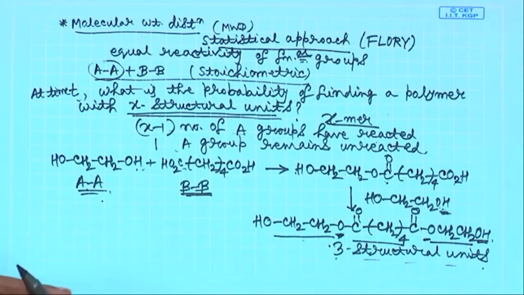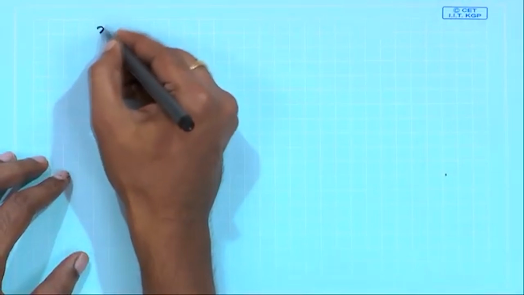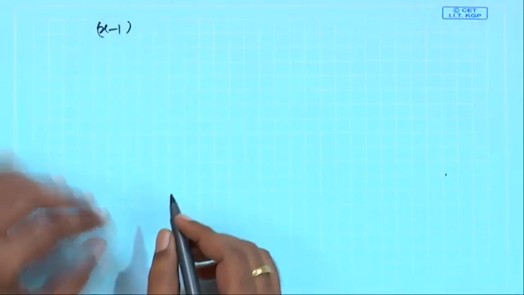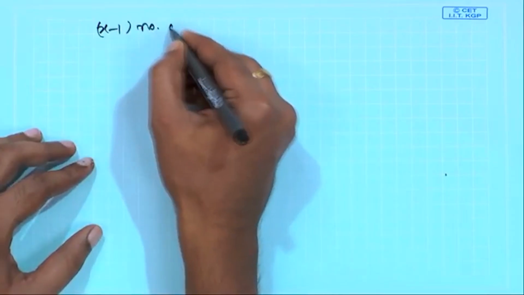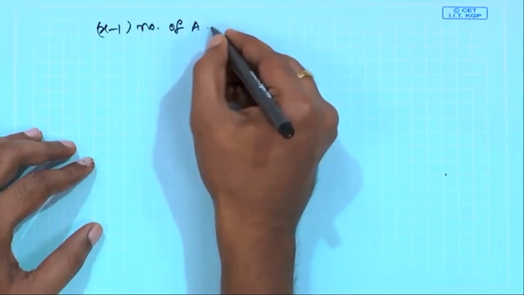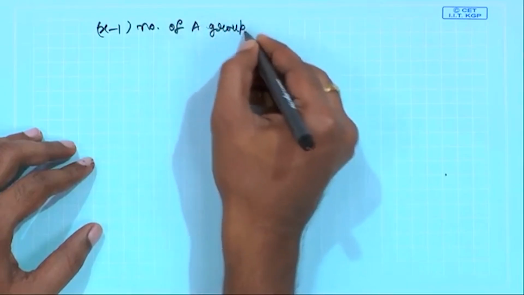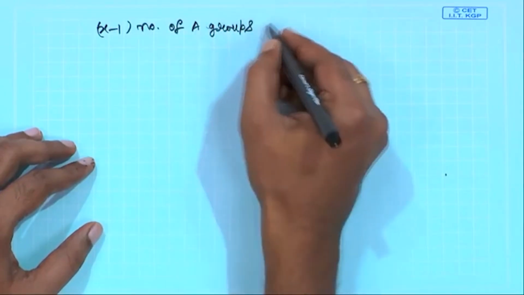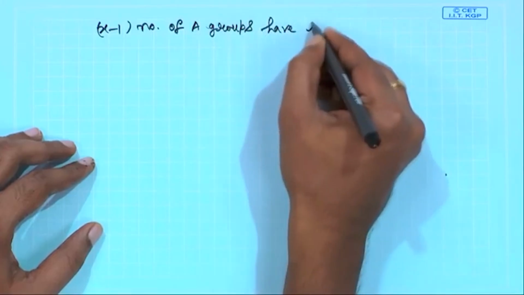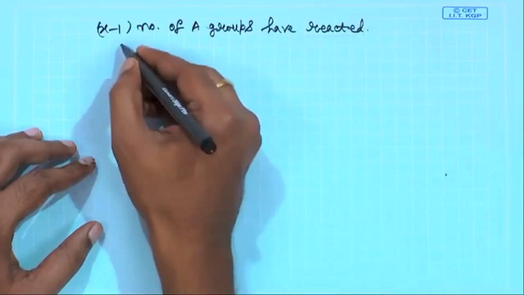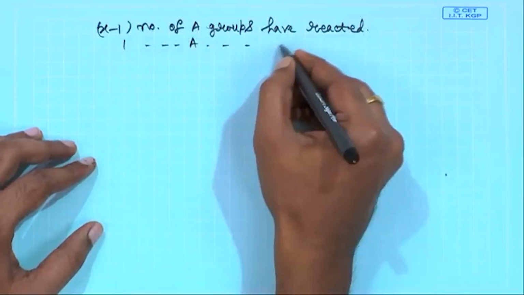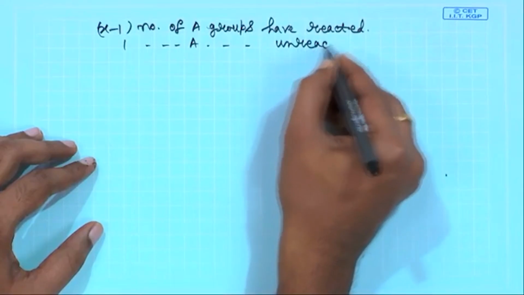Now, for x structural units, x minus 1 A groups have reacted and 1 A group remains unreacted.